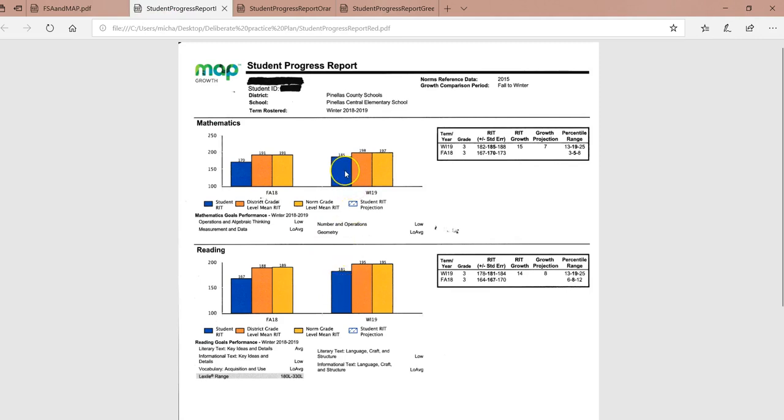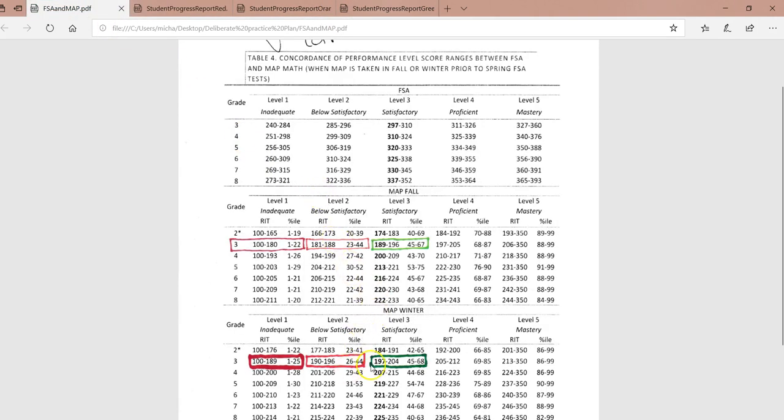So this student scored a 185. Across the district, the average was 198. So if I go back and take a look here, our average was 198, which is just 1 point above where you would fall in a level 3.